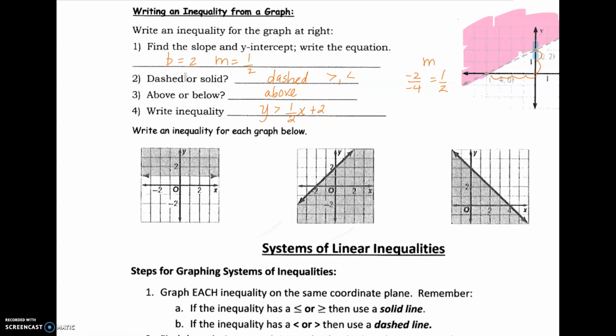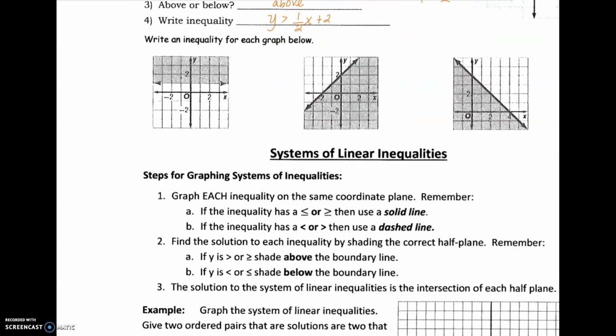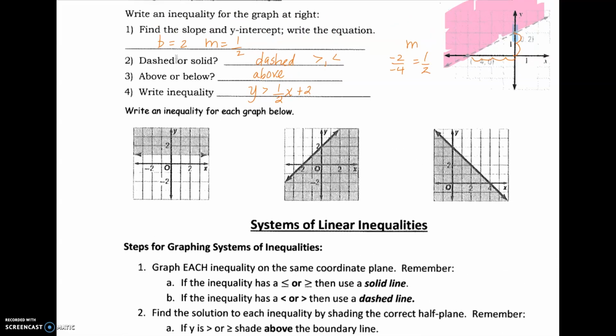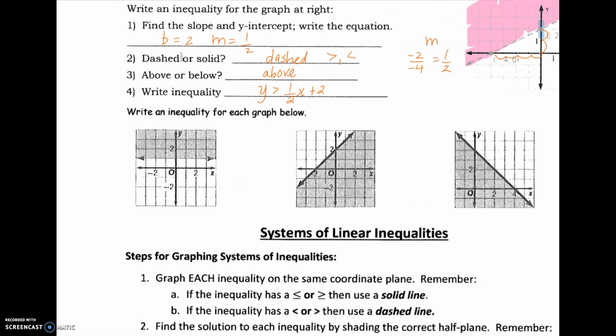Okay, now there's 3 more that we'll do together, or you can try them on your own and then come back on and see if you got them right. Okay, so let's see. This looks like it is a horizontal line. And because the line's so light, we're going to call it dotted.